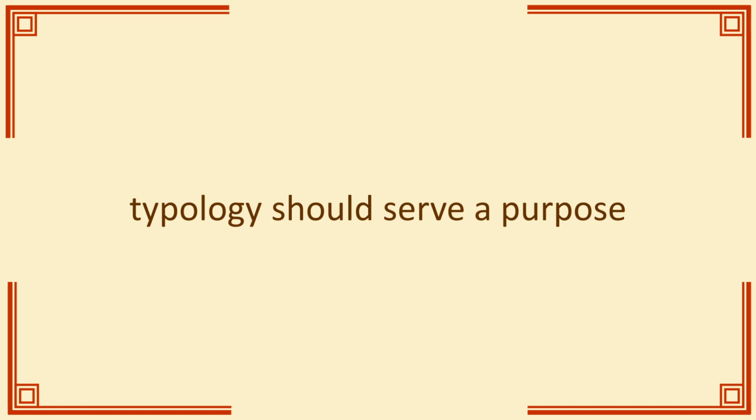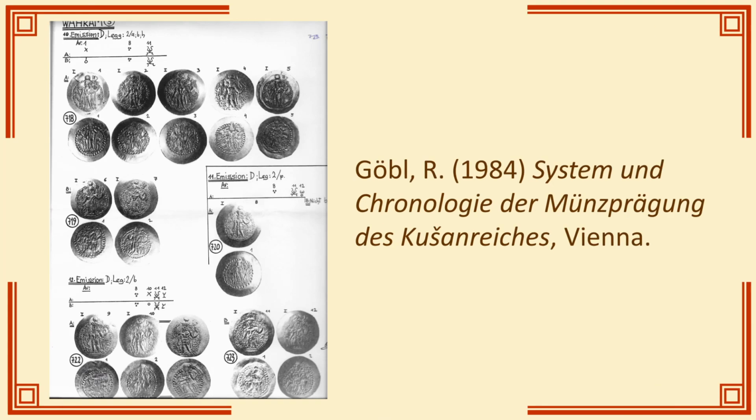The problem is implementation. No one would disagree that the classification should serve a purpose, but rather, how do different taxonomies fulfill different purposes? And recently I was made very aware of how much these things could vary because I was preparing a concordance between the, as of the time of recording, not published Kushanshahs catalogue I'm working on with Joe Cribb and the classification in Robert Gobl's 1984 catalogue on the same coins.